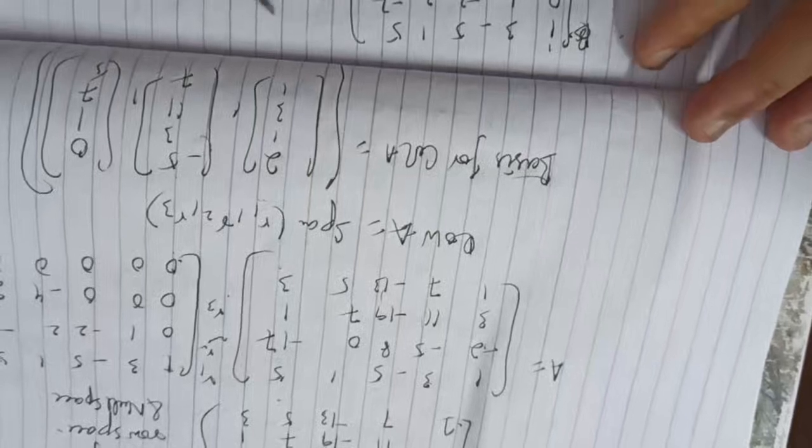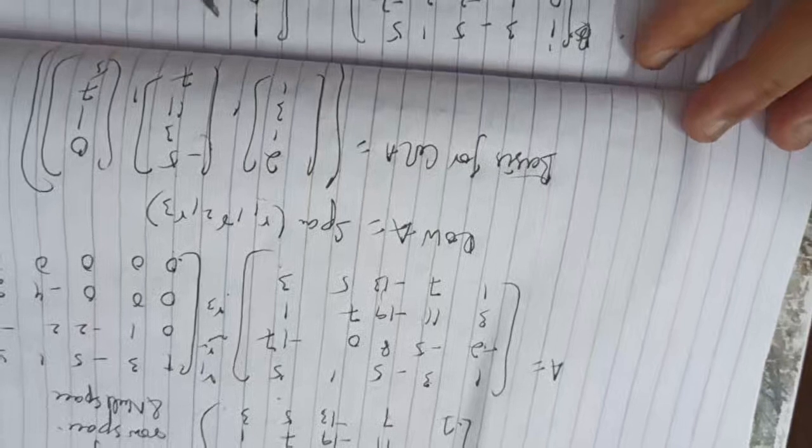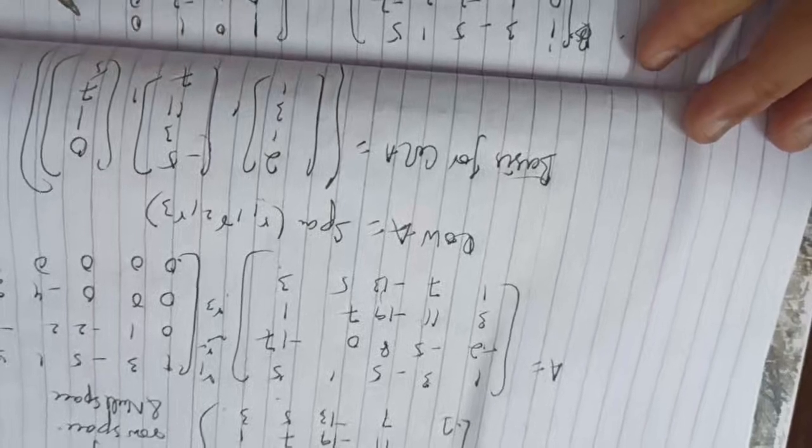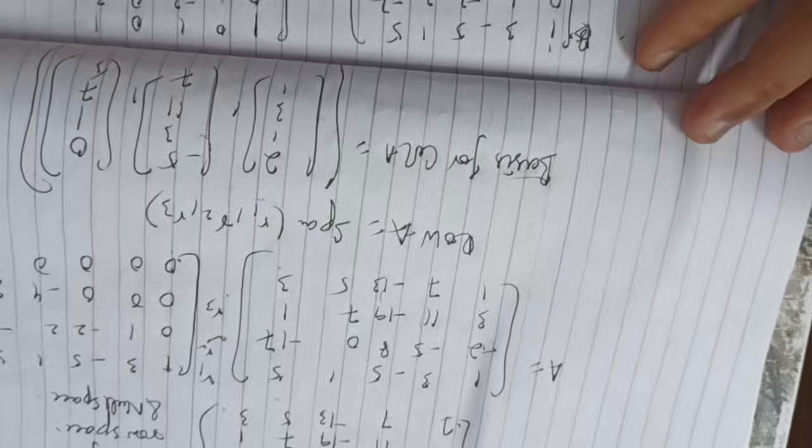You further reduce it to something like this: 1 0 1 0 1, 0 1 -2 0 3, 0 0 0 1 -5.